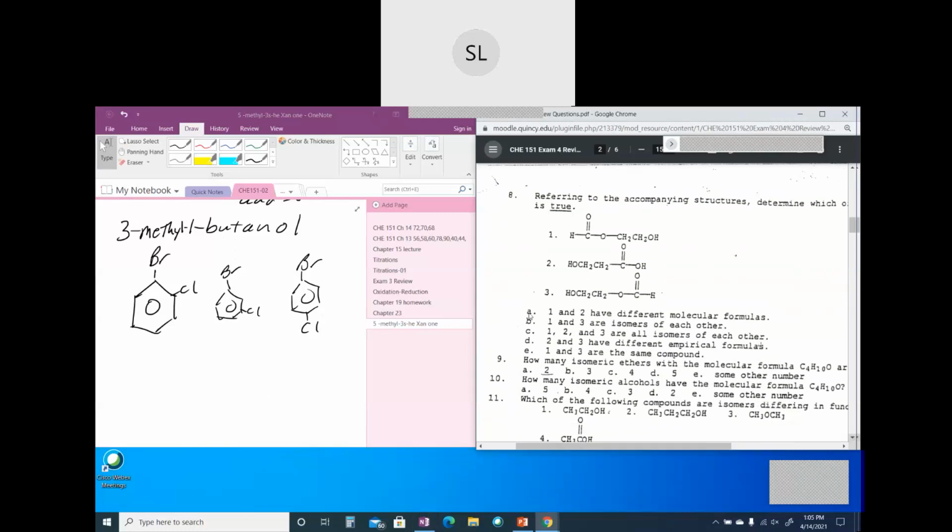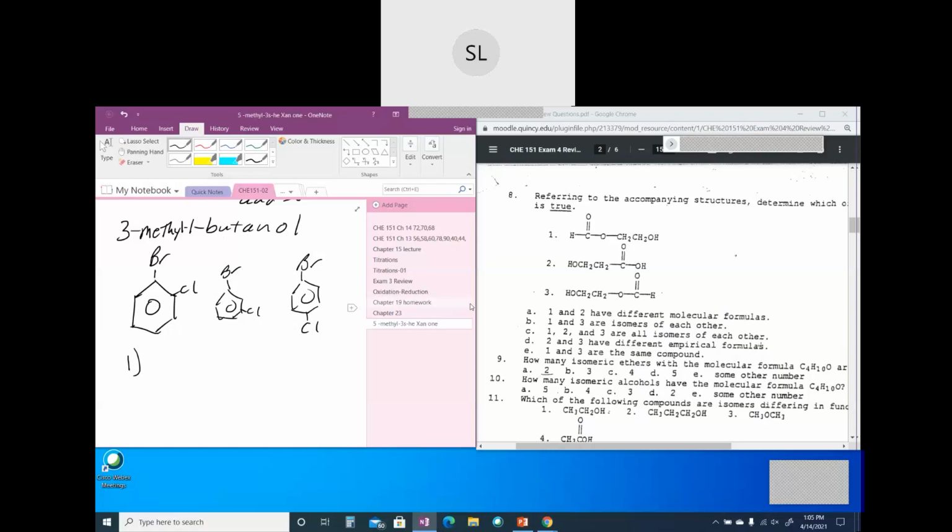All right, so here we want to know about the molecular formulas, if they're isomers. So we write for number 1. If we do the molecular formulas, you can do it by unsaturations, which means the number of double bonds versus the number of carbons.